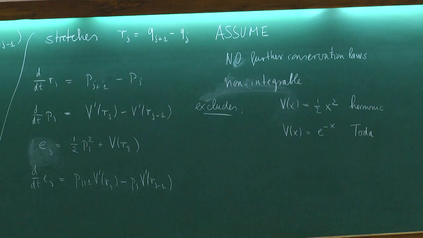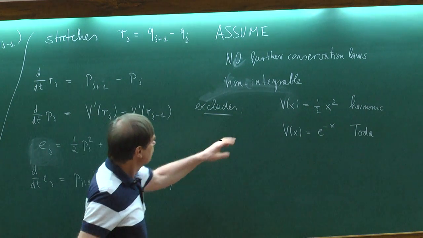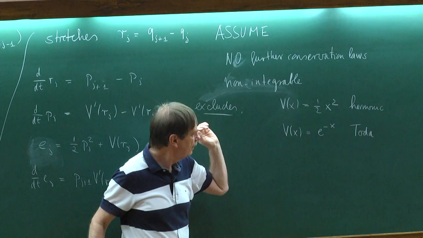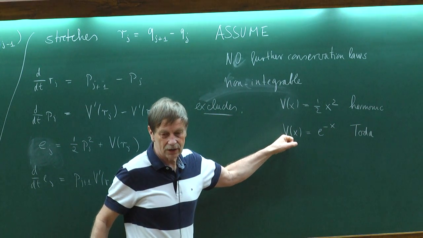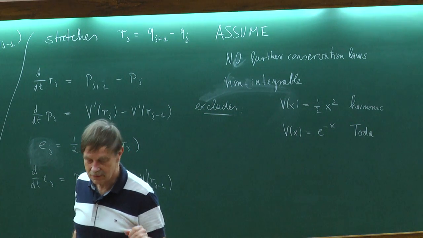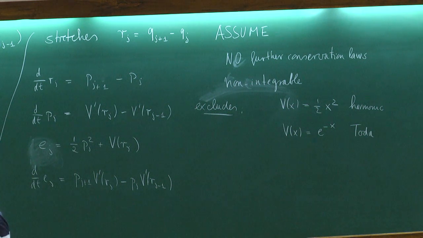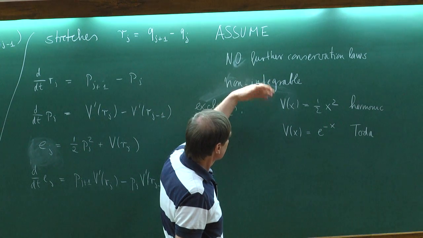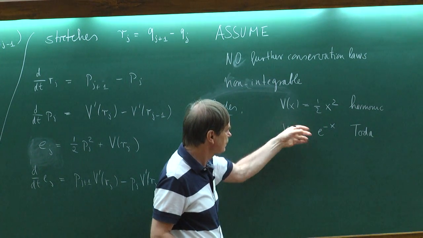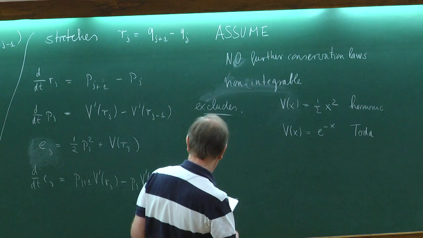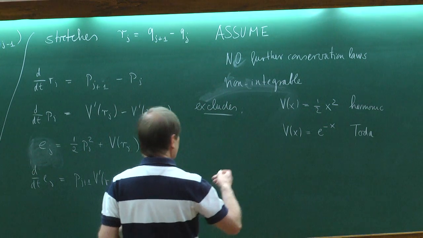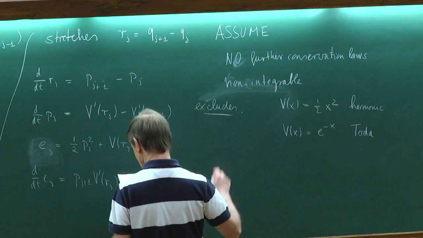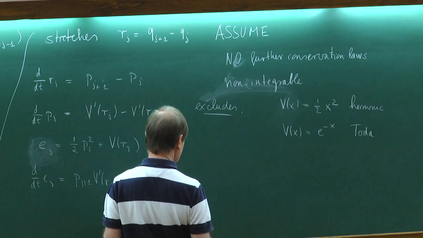So the nonlinear fluctuating hydrodynamics can see the difference between the generic and the harmonic case. But if I look at the total chain, it will not be able to discover that there's a difference between the total chain and the more generic case, right? I assume it, but I cannot see these exceptional cases on the basis of nonlinear fluctuating hydrodynamics. Anyway, we will see. So I just want to emphasize that we are always in the non-integrable case.